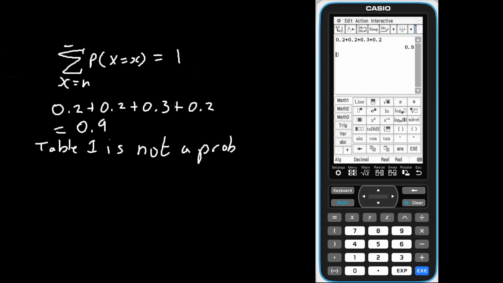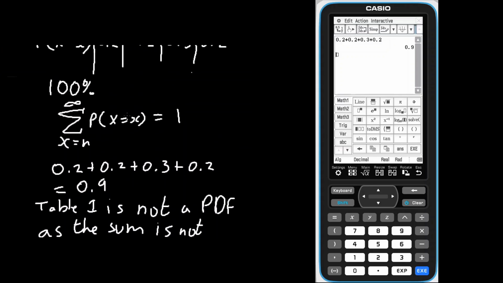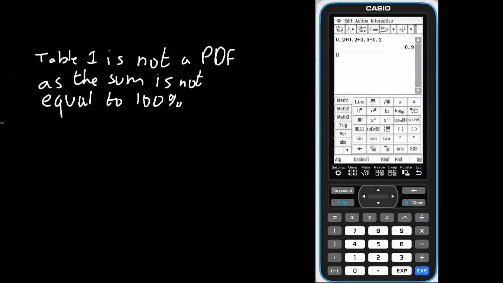And if you want to save on space, you can say PDF, is not a PDF as the sum is not equal to 100%. Oh, there you go. That's 1 mark. It's probably a bit wordy, but I just wanted to go through in detail what everything means. Let's go to the next table.